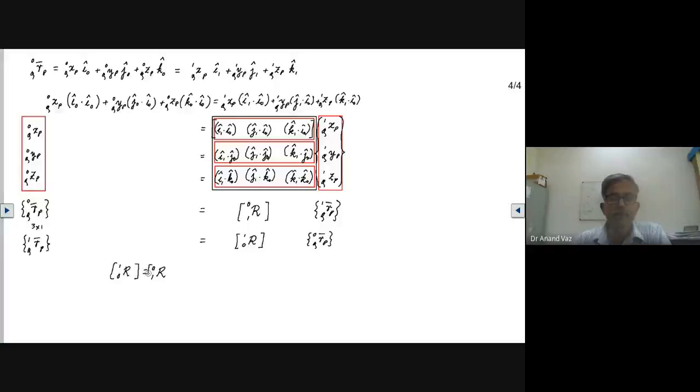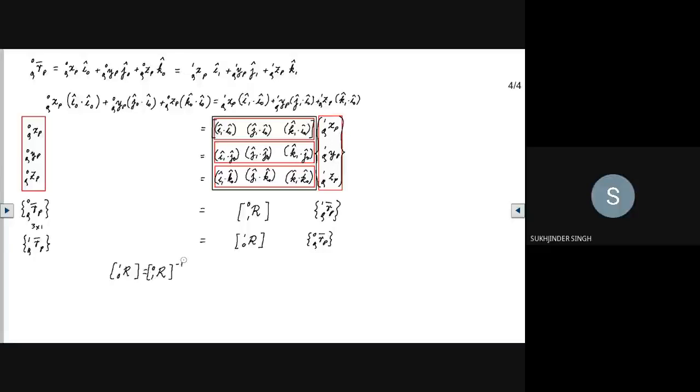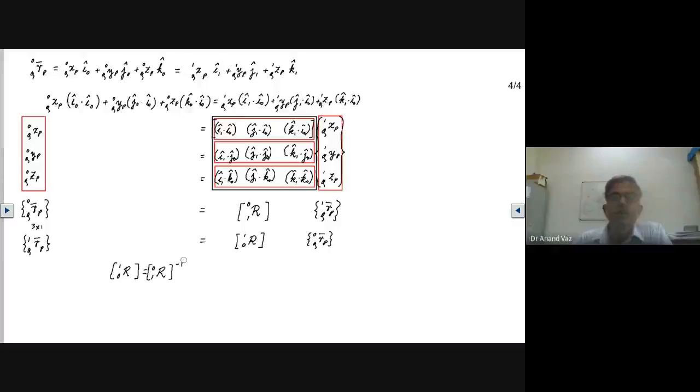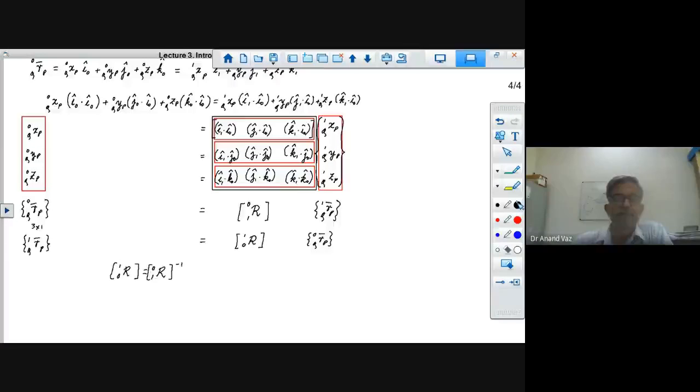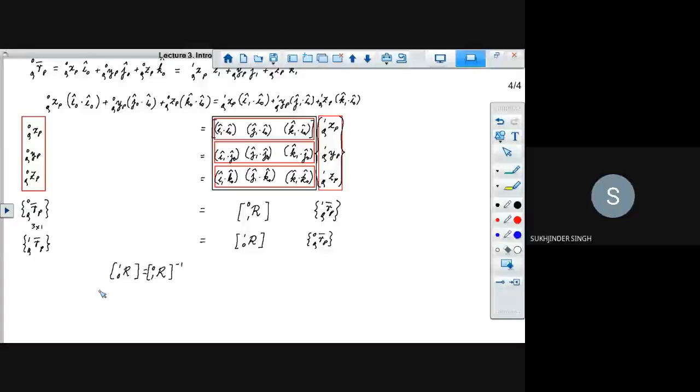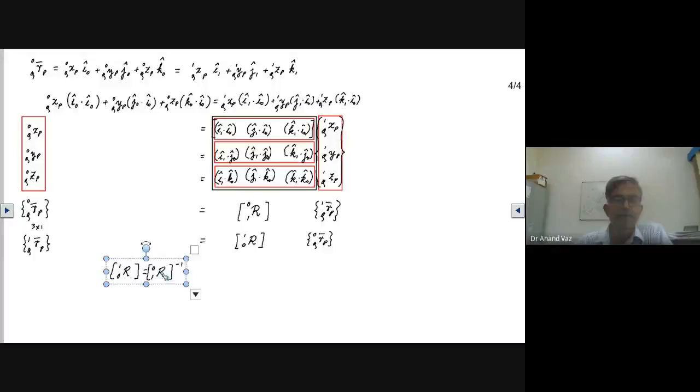Do you agree? Yes, sir. So far, you have understood. But now, let us look at this matrix in a different way. We will see it slightly differently.